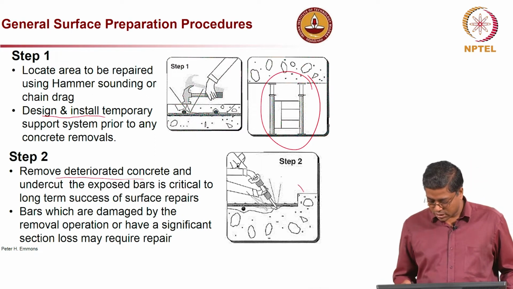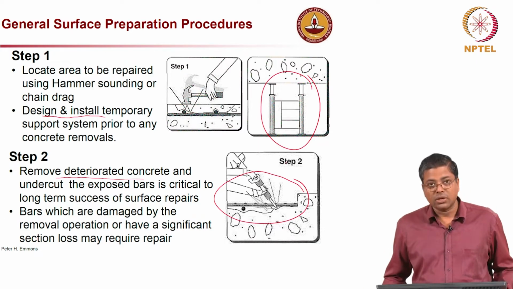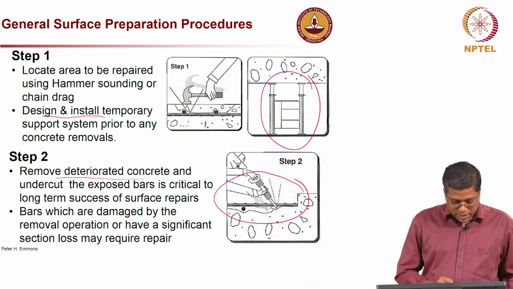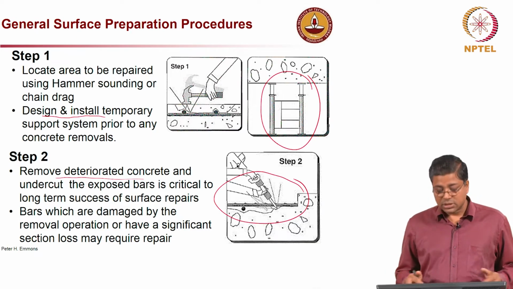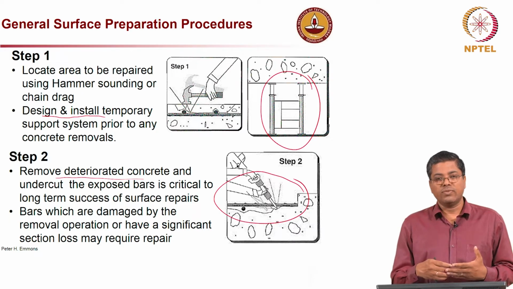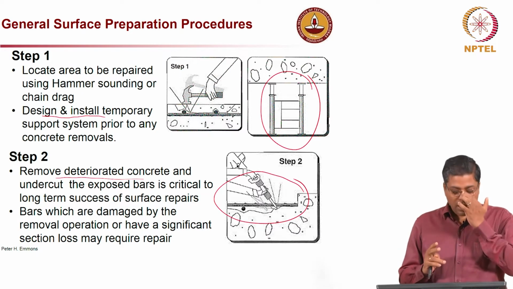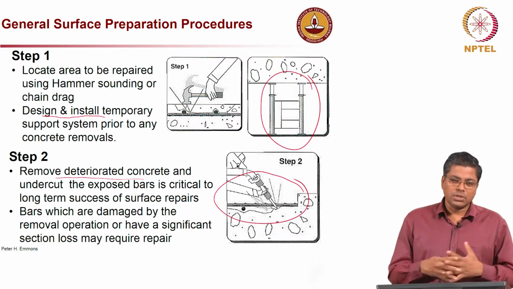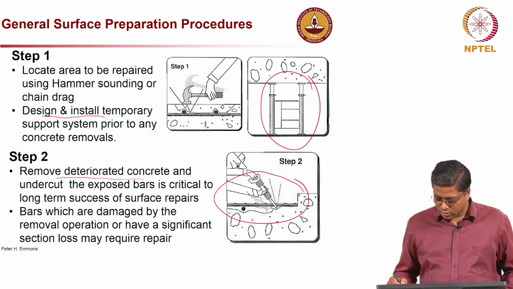As you see in this picture, you need to use a jackhammer or some kind of tool to remove it. In the process of removing the concrete, the rebar should not get damaged. And in case bars are damaged by the removal operation or have a significant section loss, then you have to replace those rebar.